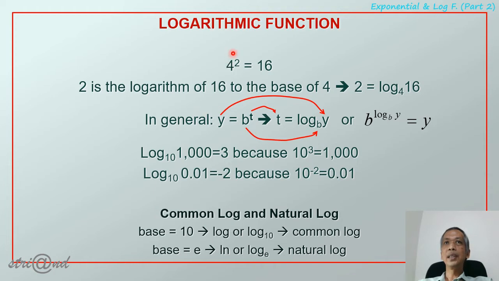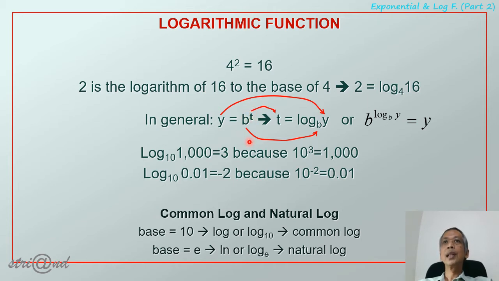Or if this equation is expressed in an exponential function, the 16 here can be replaced by y, the 4 here is the base b, and the 2 here is t. The y is the dependent variable, and the t here is the independent variable.